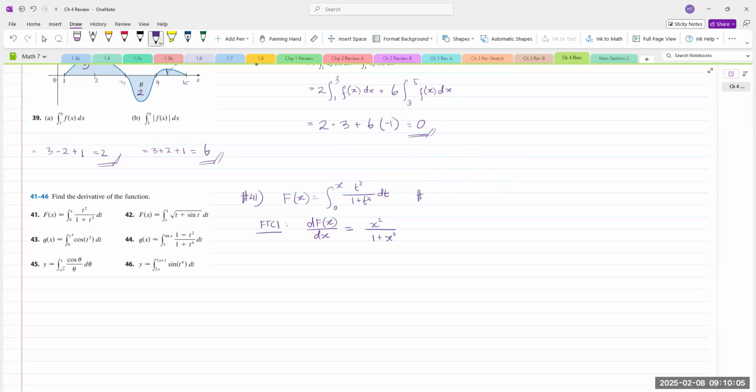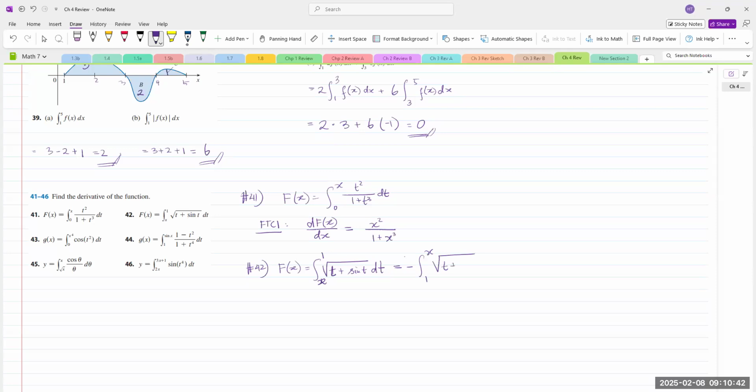Number 42. If you have fx equals the integral from x to 1 of square root of 1 plus t plus sine t dt. There are two ways to look at these questions. Let me do it the long way and then give you the shortcut. Notice that because the x is at the bottom, I will first reverse the interval of integration, so it becomes like this.